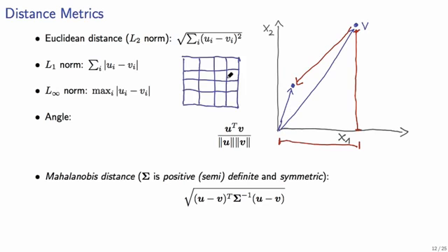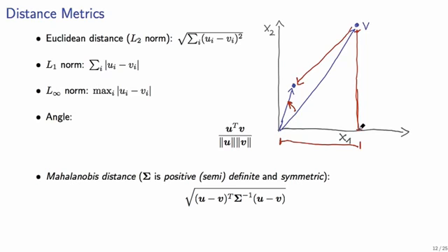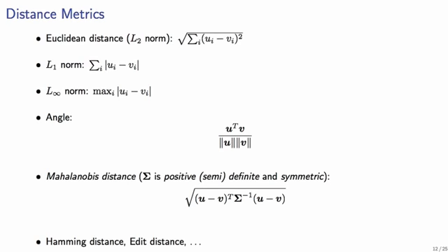By the way, it is called the Manhattan or city block distance because if we have a street map that looks like this, then the L1 norm is exactly what we need to compute for walking or driving distances. The max norm would just be the length right here because it's longer than the one over here. And finally, the angle can be seen right here. This list is of course not exhaustive. There are many more distance measures that we could use.